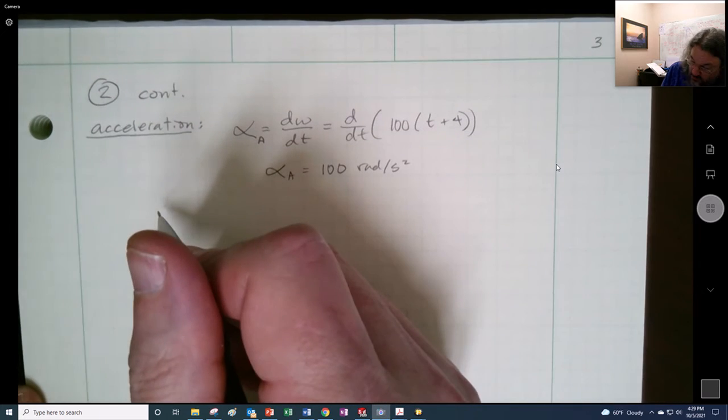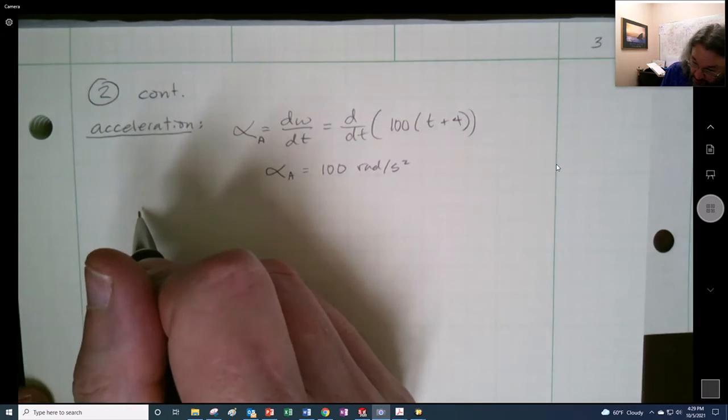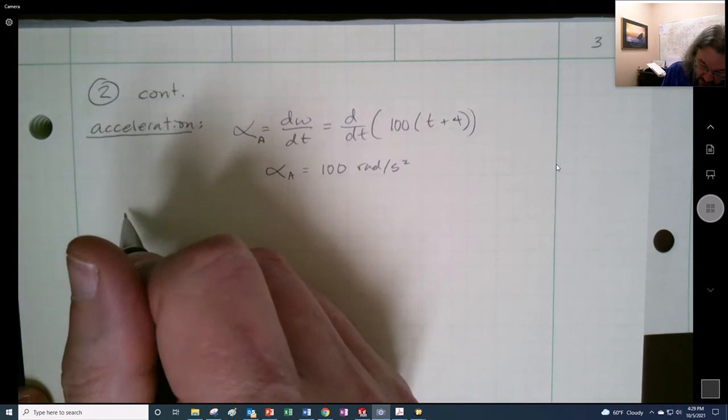All right, so we want to get the accelerations now of all of these things. I'm going to start with the same process.